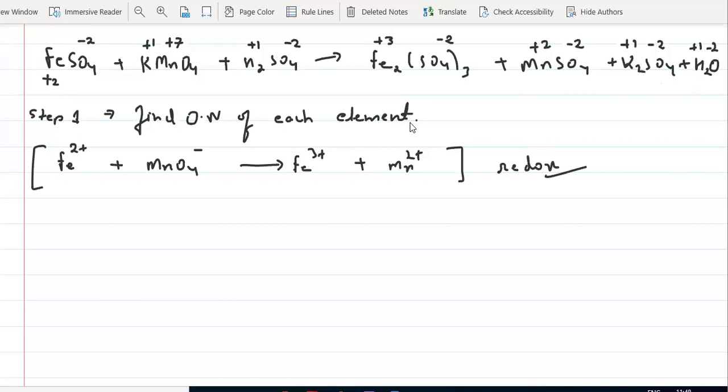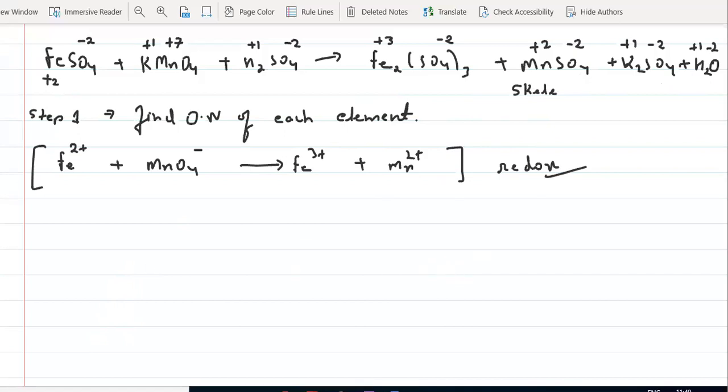The oxidation number is changing for these elements only. So this is called a skeletal equation, or normal equation, and this is your redox reaction.